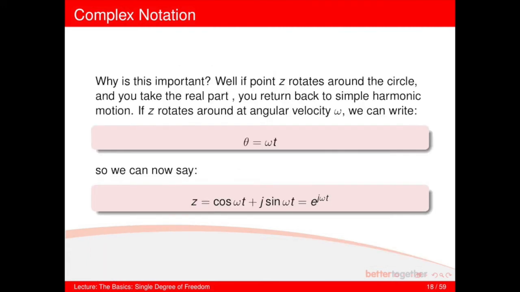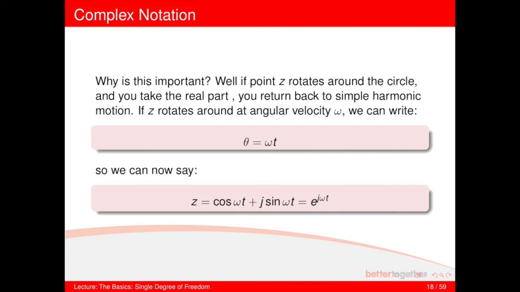So why is it important? Like I said, if z rotates around that circle, and you take the real part, you return to a simple harmonic motion. And if we define that angular velocity as omega t, let's disregard whether there's a zero there or not. We're not talking about natural frequency, we're talking about the angular velocity.